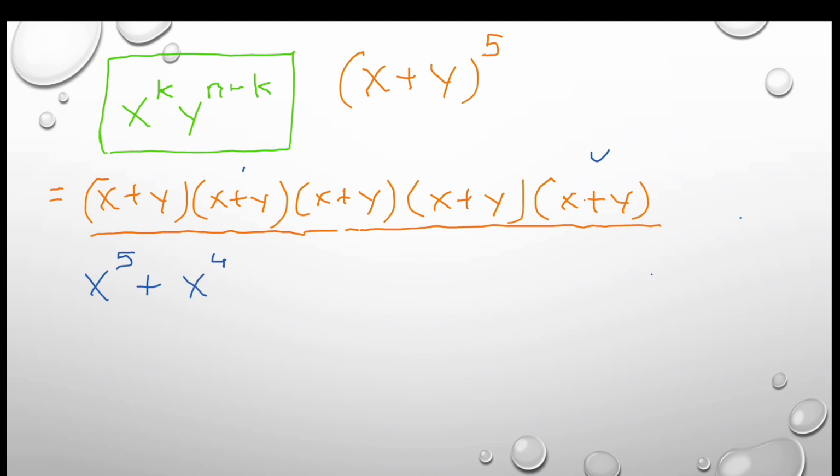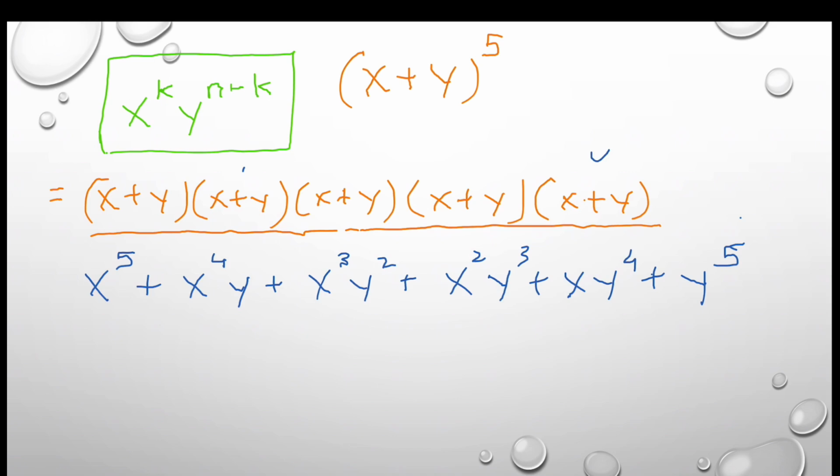We have x to the power 4 times y. And then in the same way, I'll pick two y's this time and have 3 x's. I have x to the power 3 times y to the power 2. And I hope you can see the pattern right now. Now I pick 2 x's and 3 y's. Then I pick an x and 4 y's. And then I finally pick 5 y's.